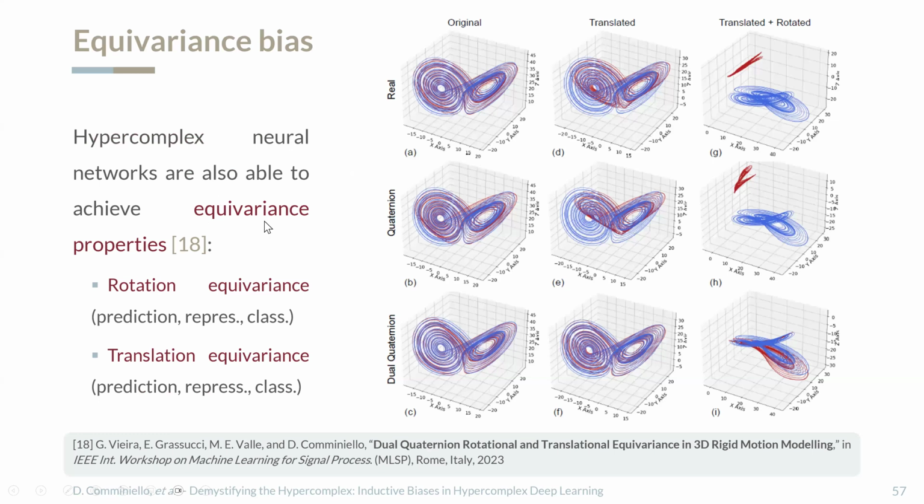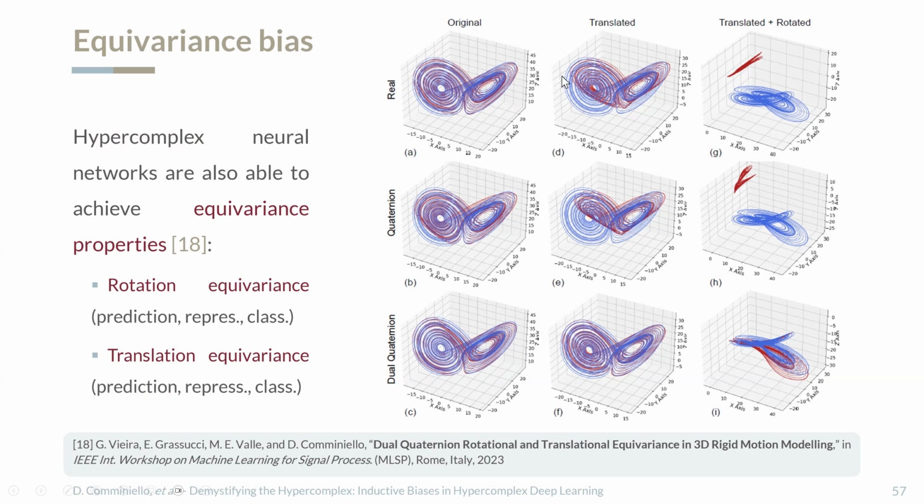So, for instance, we can have models that are rotation or translation equivariant. How to prove that? Imagine that we have a chaotic system and we want to translate the system, but also translate and rotate.